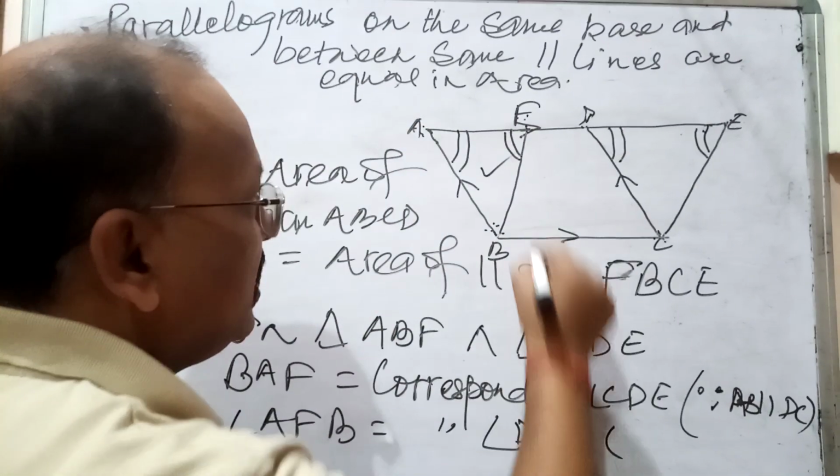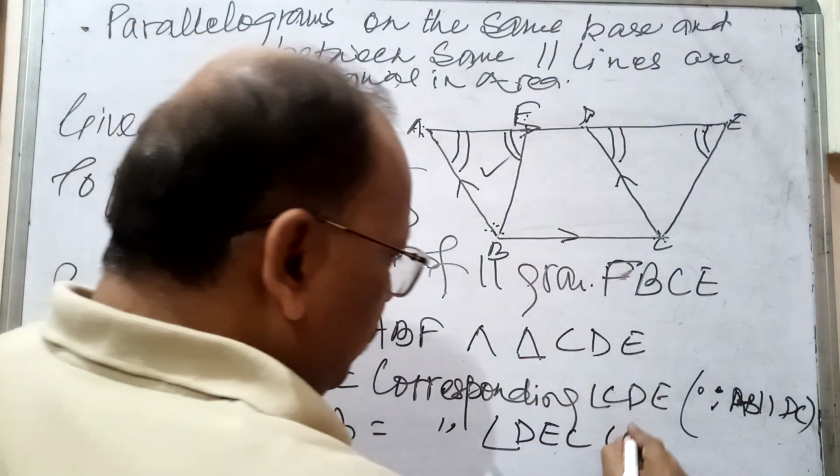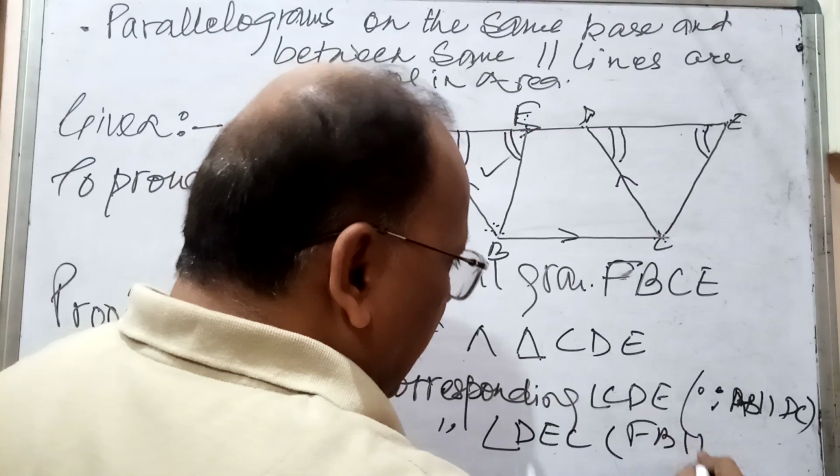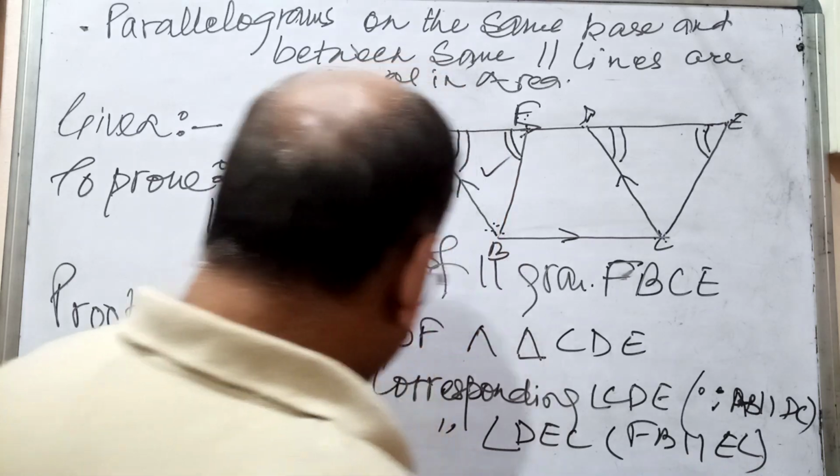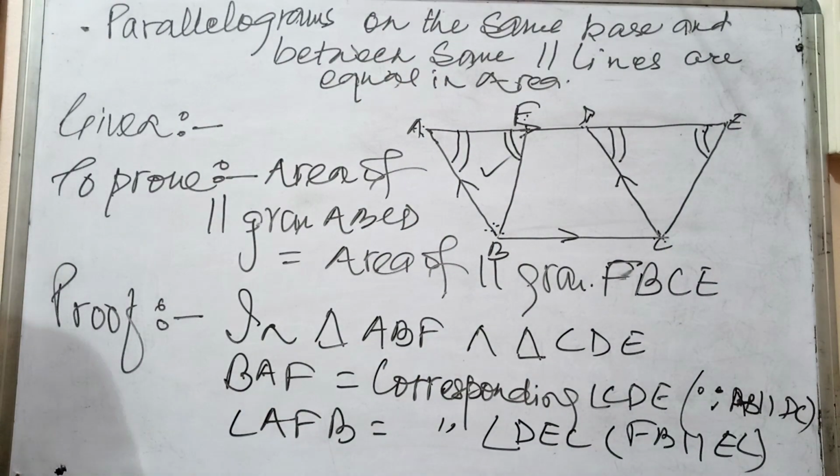What reason will you write here? Since FB is parallel to EC. So two conditions we got here.